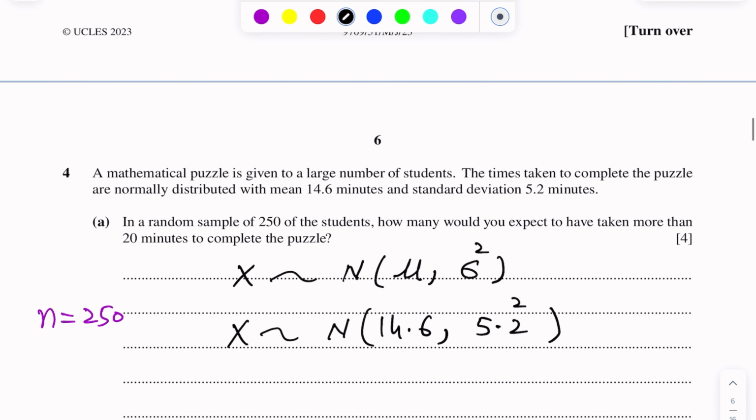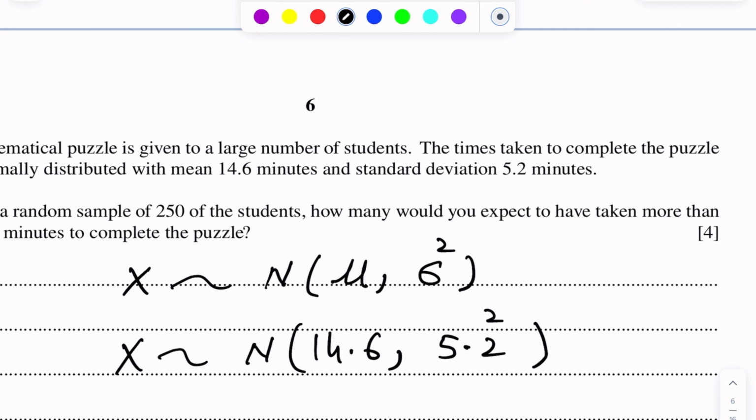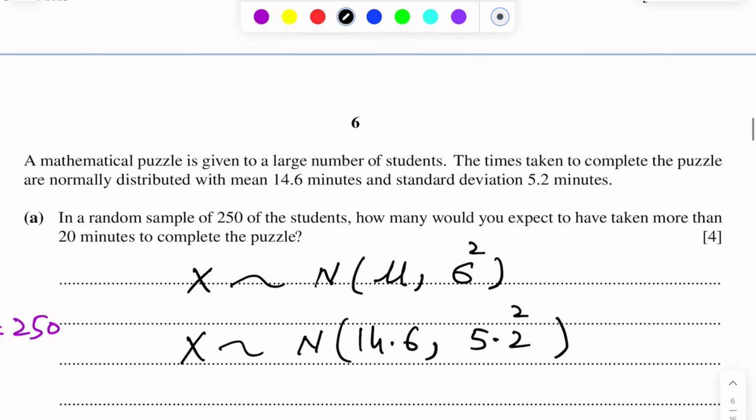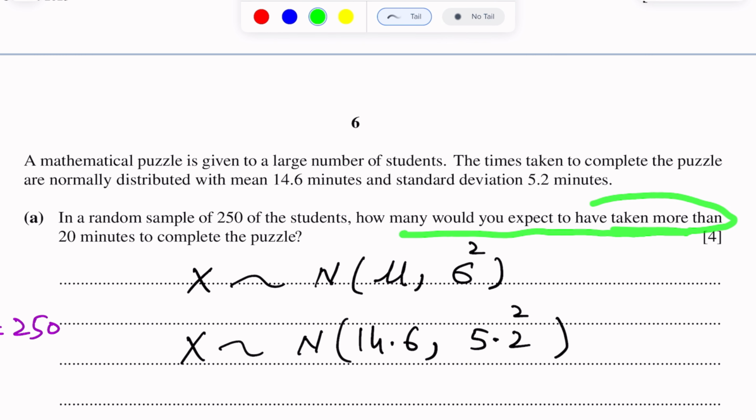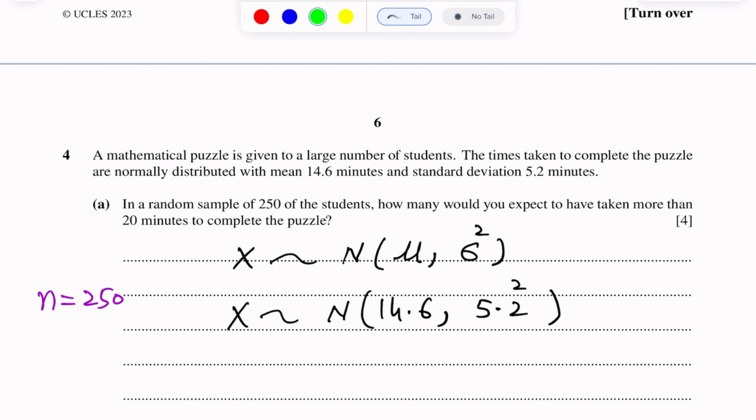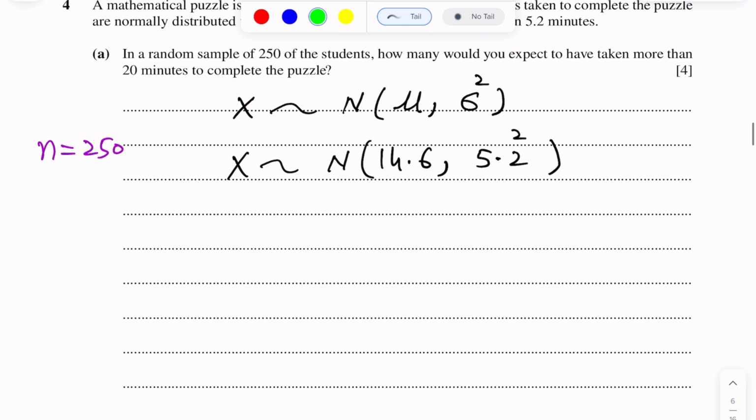So we have to find the probability of more than 20 minutes. How many would you expect to have taken more than 20 minutes to complete the puzzle? First, we will find the probability of X greater than 20.